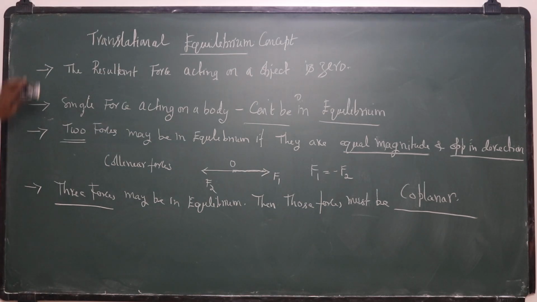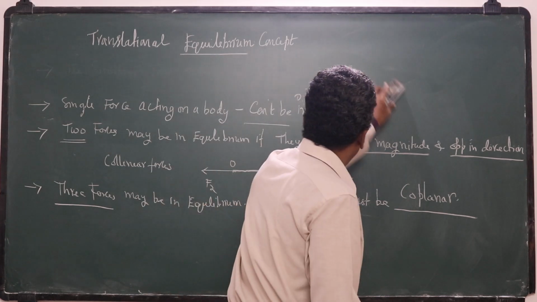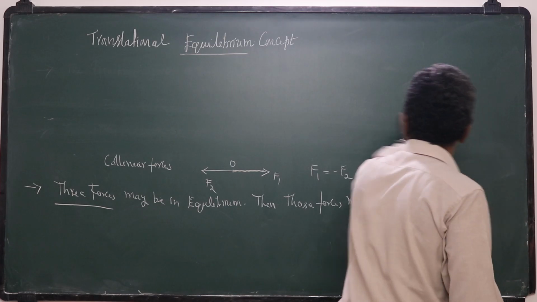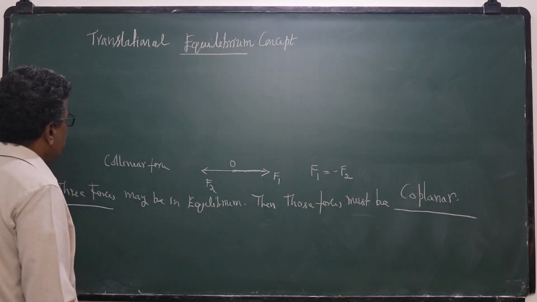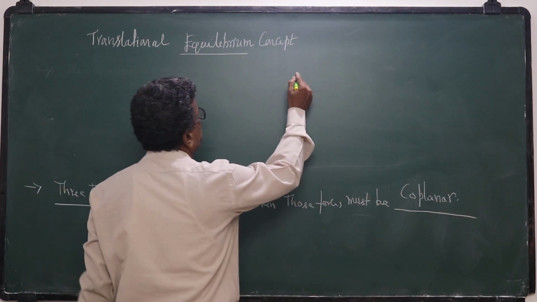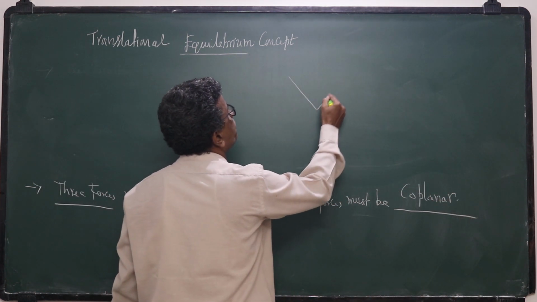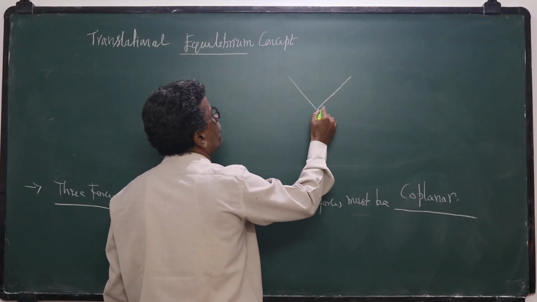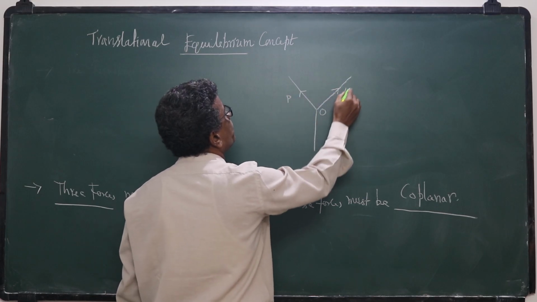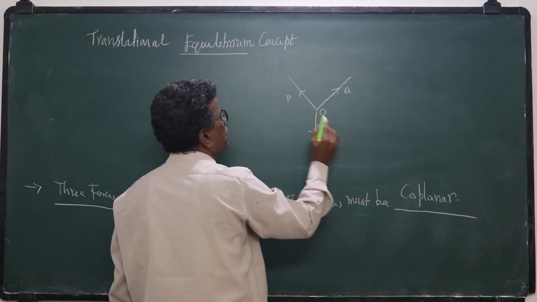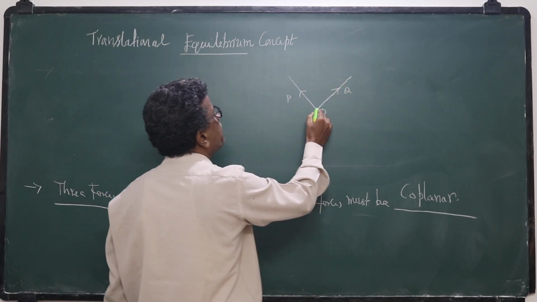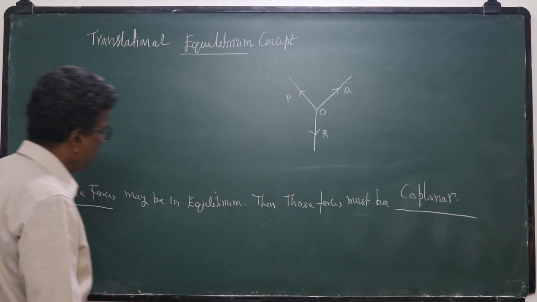So if these 3 forces, I will explain here. Let the three forces be P, Q, R. I give the name of the forces as P, Q, R. These are the three forces acting at a point O simultaneously.